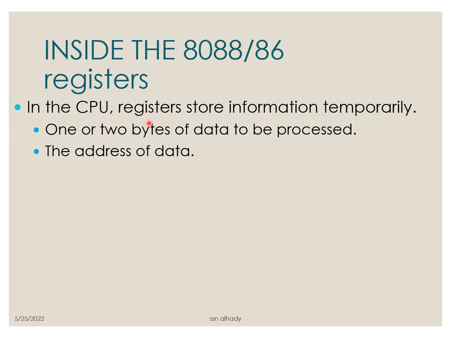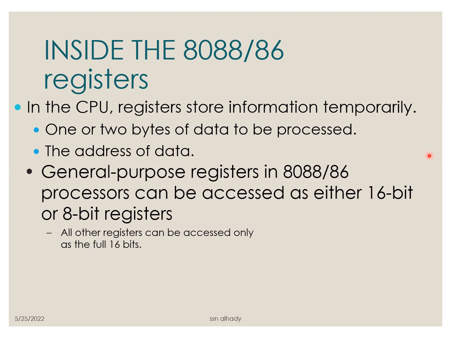In the 8086 CPU, registers store information temporarily. We consider a register as also a memory, a really fast-to-access memory. It can hold either 1 or 2 bytes of data to be processed, or the address of that data.